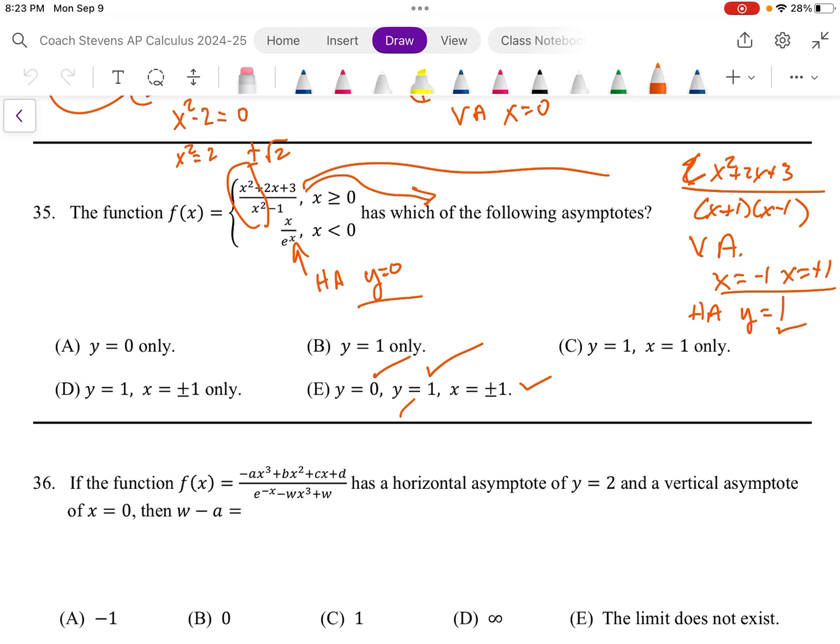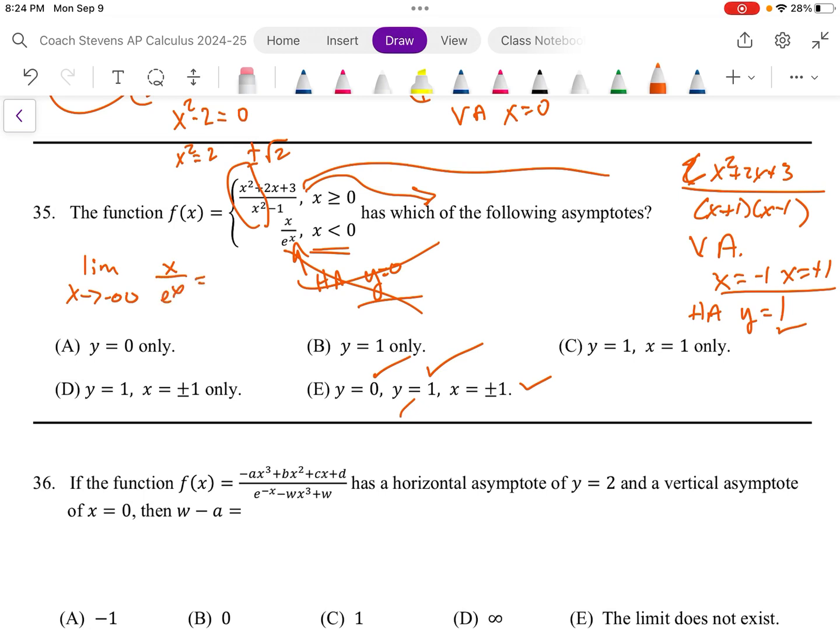All right, so I guess we can eliminate that as a choice, because we're not taking the limit as x goes out to infinity. If we look at the bottom one, the limit as x goes to negative infinity, just reading off of the less than 0 part, as I go out to the left, I get x over e to the x.